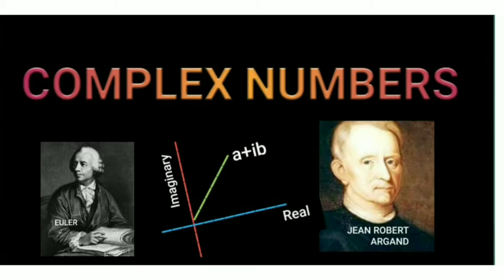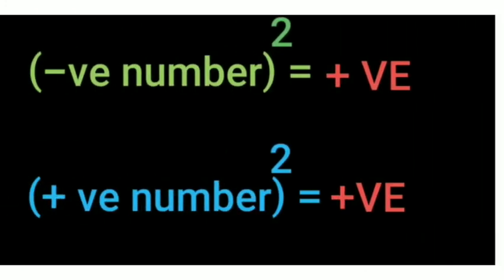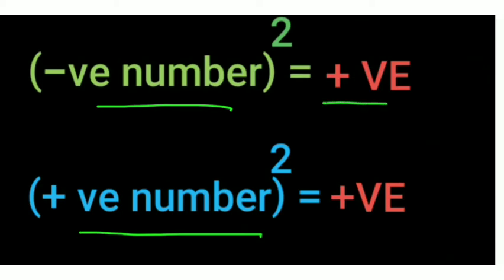Actually, the scientist Euler gave this imaginary, or complex, world. Euler had thought that when we square either a positive number or a negative number, we always get a positive number only.